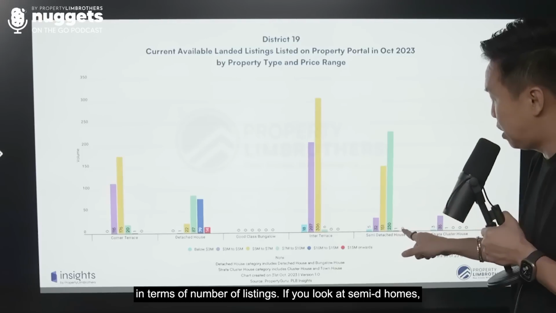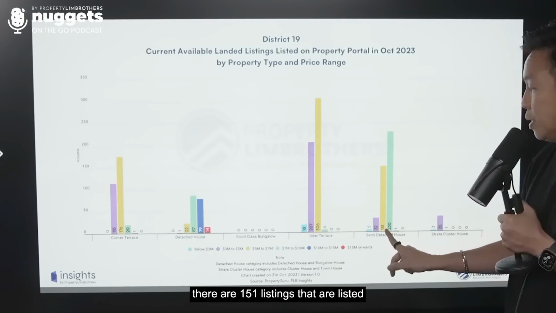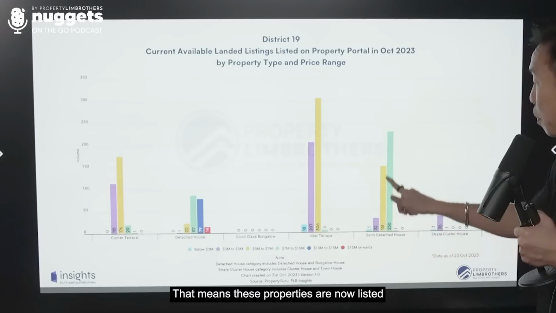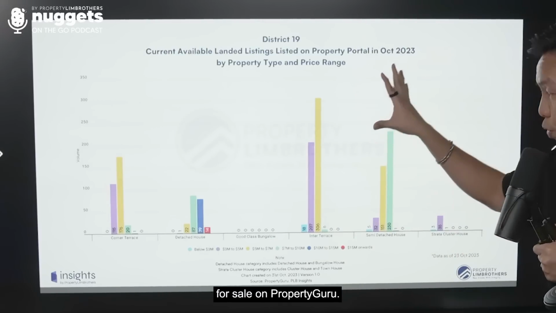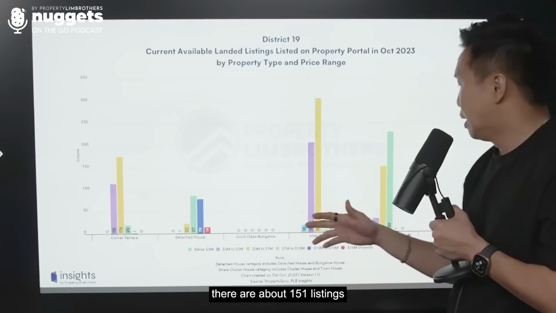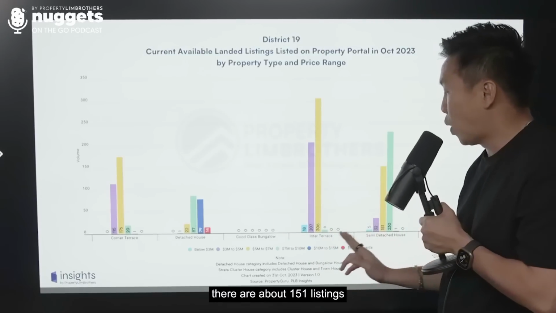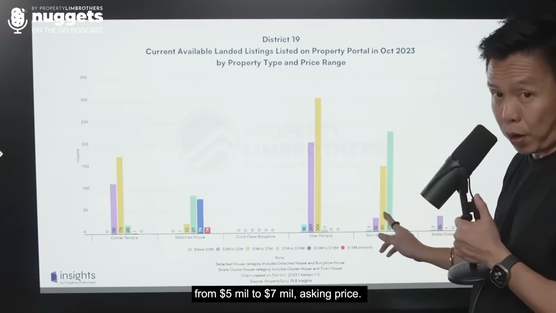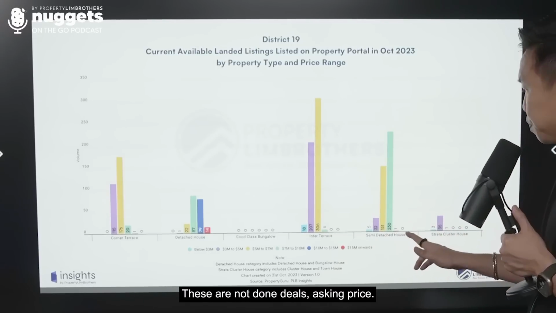If you look at semi-D homes, there are 151 listings between 5 to 7 million. That means these properties are now listed for sale on PropertyGuru. You go to D19, you key in semi-D homes, there are about 151 listings from 5 to 7 million asking price. These are not done deals, asking price.